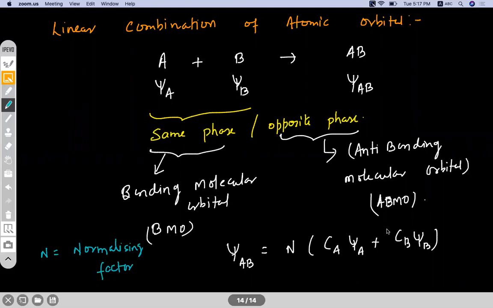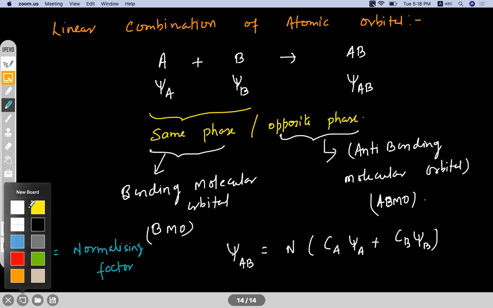Ca and Cb are the factors to minimize energy.